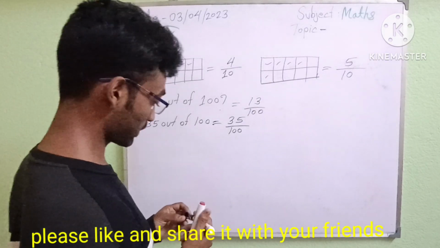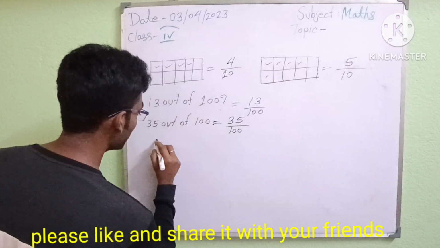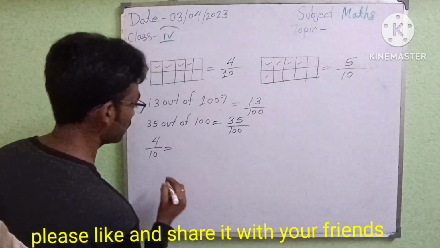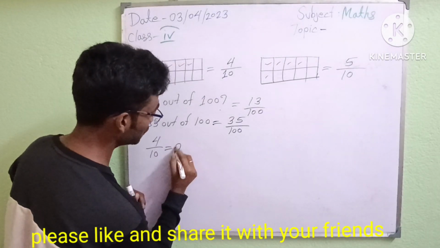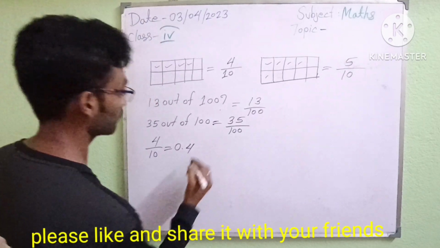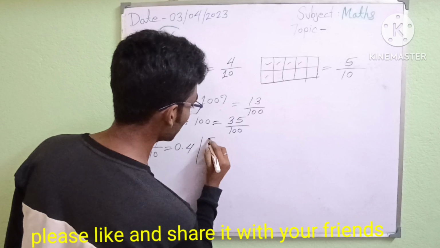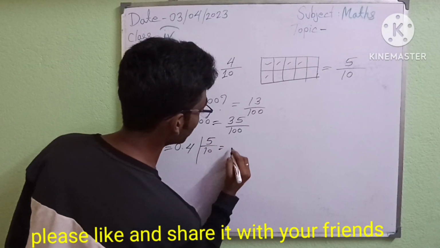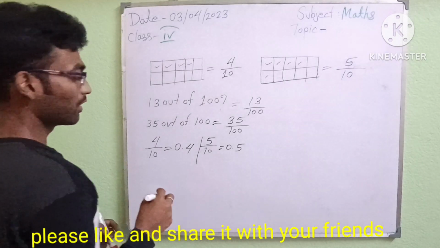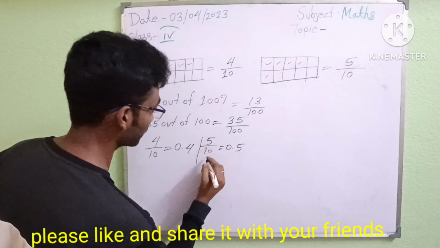Now we want to describe it as a decimal. If we want to describe 4 by 10 as a decimal, we will write it as 0.4, and 5 by 10 we will write as 0.5. Now you may have a question, how does it come?